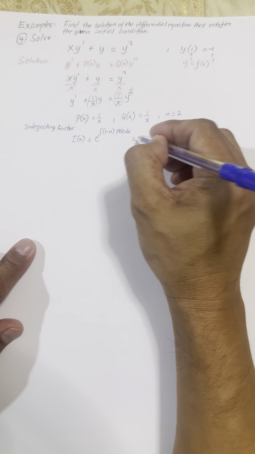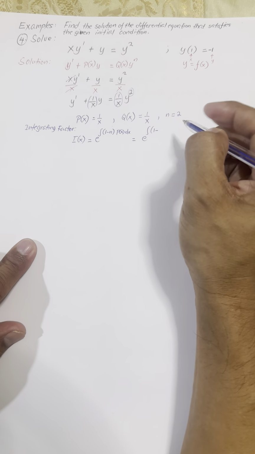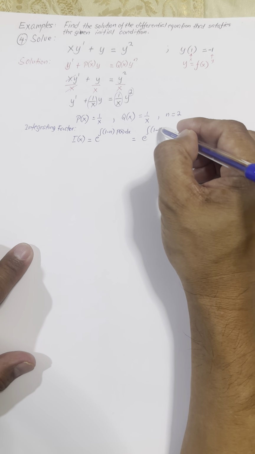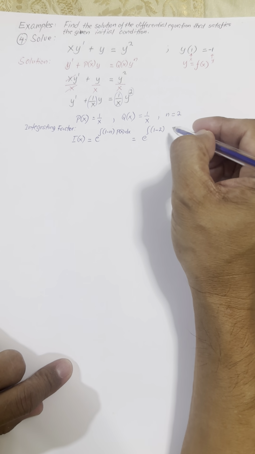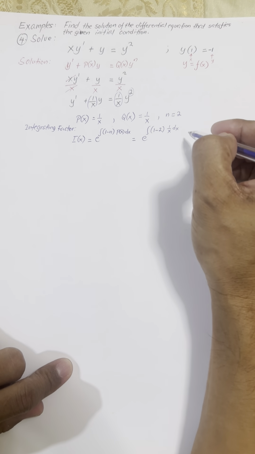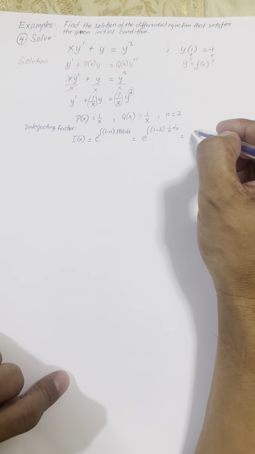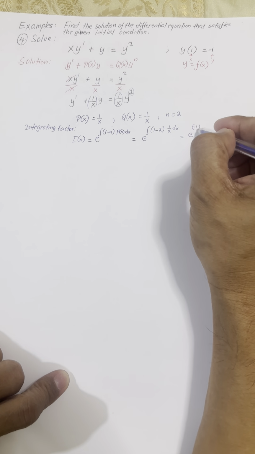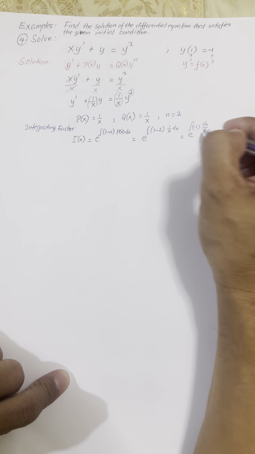Substituting, where our n is equal to 2, we have 1 minus 2, then times our p of x, which is 1 over x, multiplied by dx. 1 minus 2 is negative 1, so we have e to the negative 1 times the integral of dx over x.